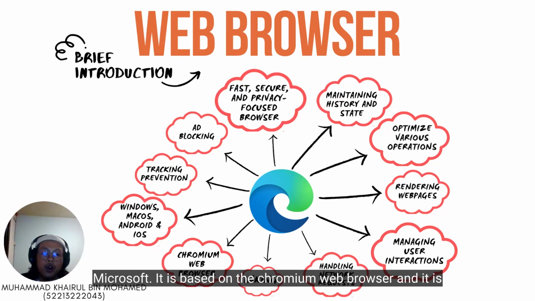It is based on the Chromium web browser and it is available on Windows, macOS, Android, and iOS. Edge is designed to be a fast, secure, and privacy-focused browser. It includes features such as tracking prevention and ad blocking. Edge is the default web browser on Windows 11.